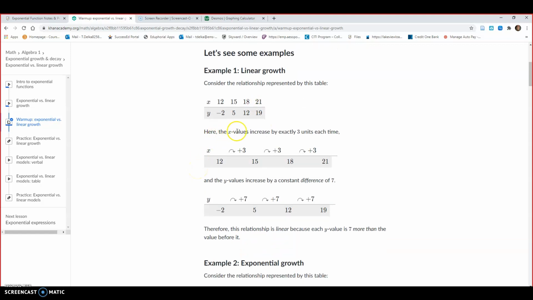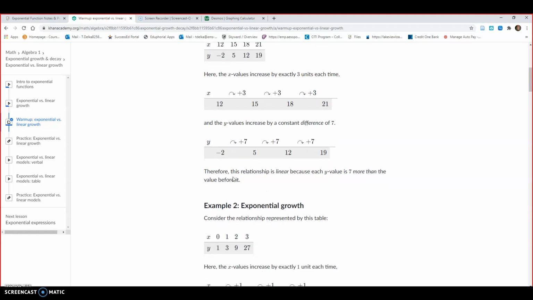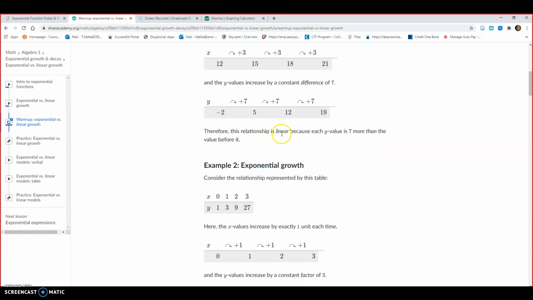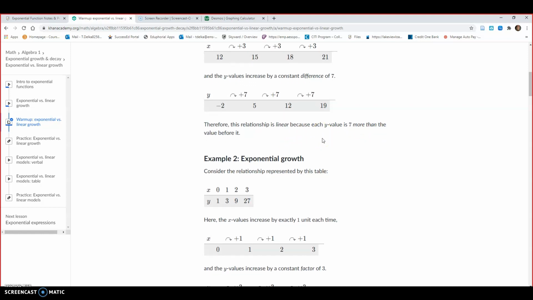Here, the x values are increasing by exactly 3 units each time. 12 plus 3 is 15, 15 plus 3 is 18, 18 plus 3 is 21. And the y values are increasing by 7, or adding 7: -2 plus 7 is 5, and so forth. This relationship is linear because each y value is 7 more than the value before it.